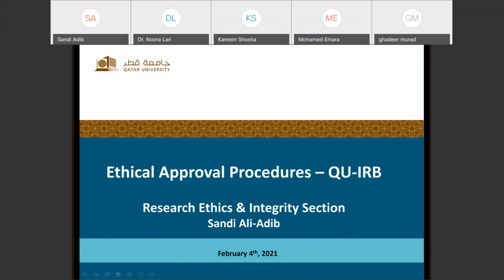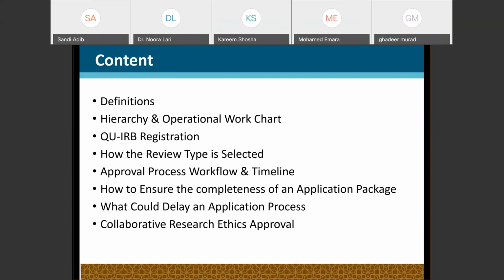The ethical approval procedures. In this part I will talk briefly on the hierarchy and operational workflow of the office, the QU-IRB registration, and how the review type is selected administratively, as well as the approval process workflow and timeline.